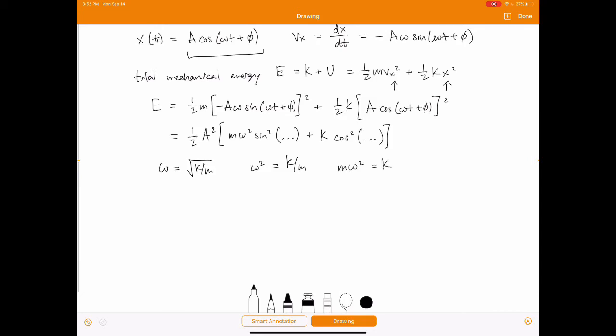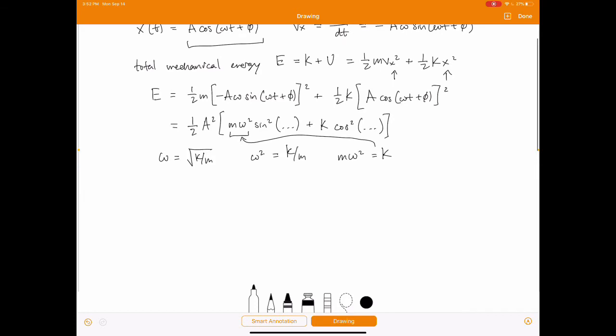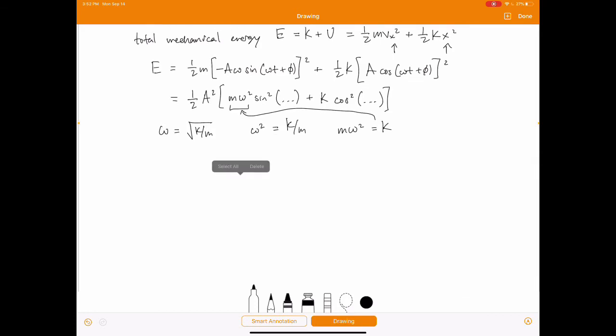In other words, this term right here, m times omega squared, I can just replace with k, which means both of these terms just have a factor of k that I can pull out. Now it's 1/2 k A squared out front. And the first term is just sine squared, and the second term is cosine squared.